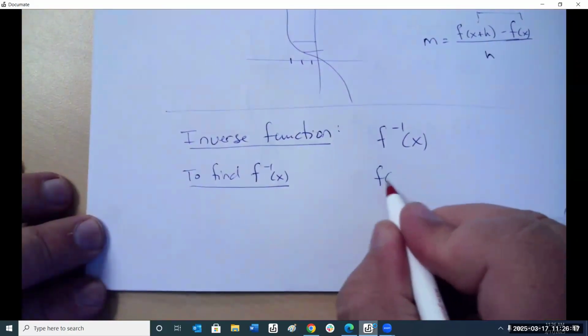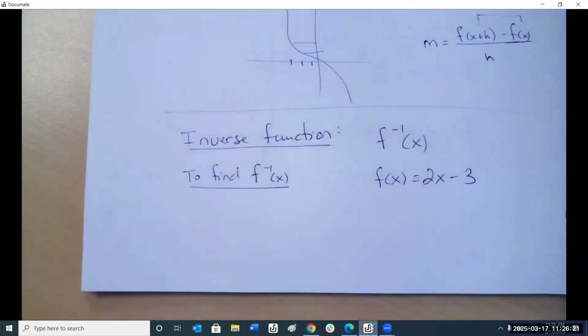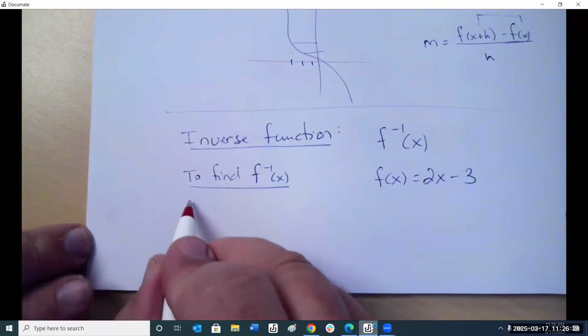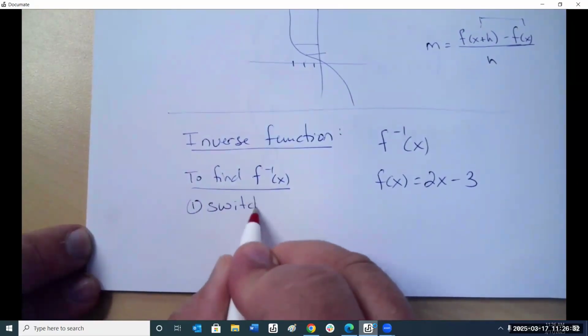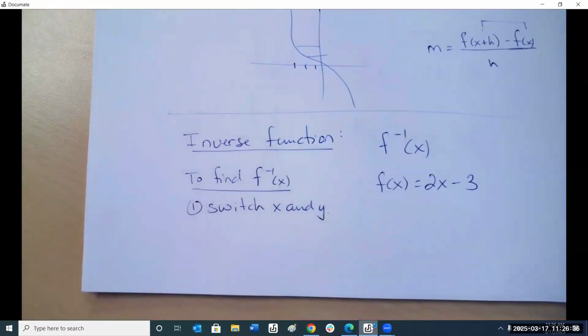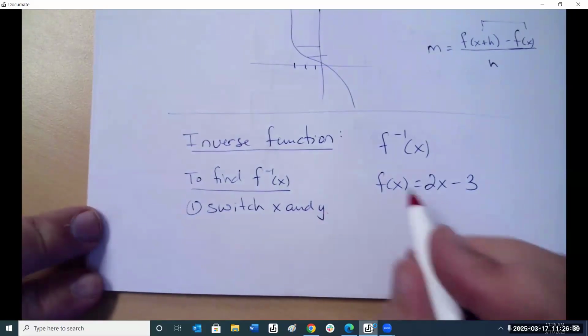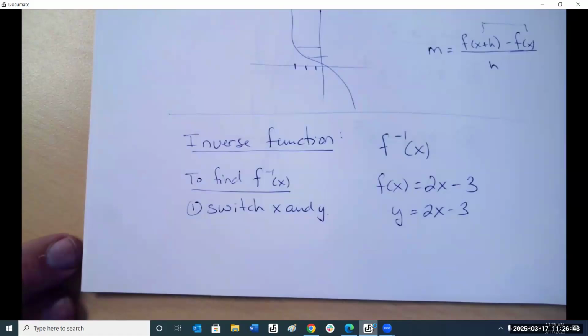Let's say that f of x is equal to 2x minus 3. How do we find the inverse? So there's your function.